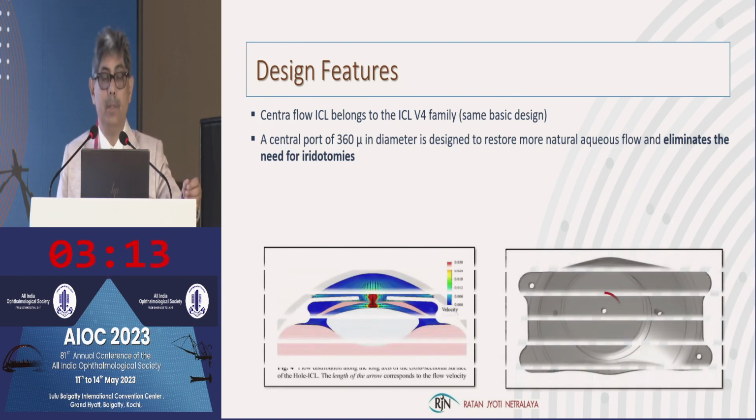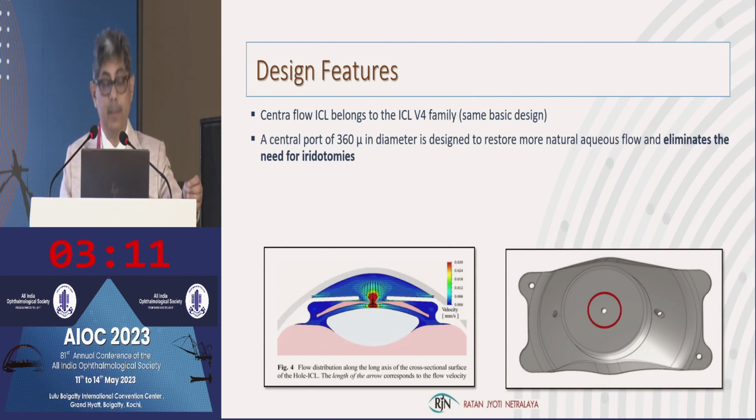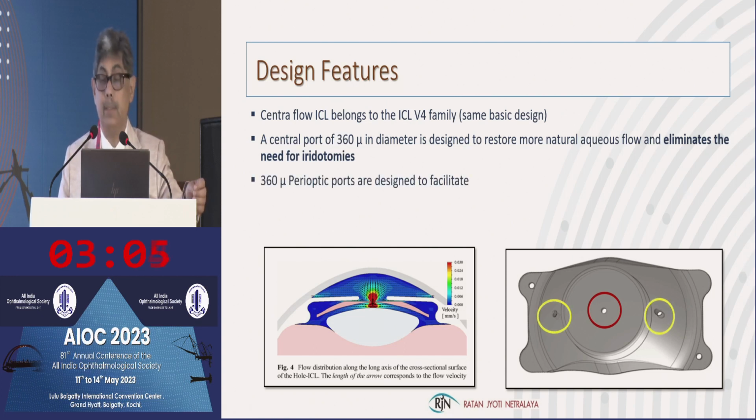But now, because of this 360 micron central opening and a tube opening on the side, which act for redundancy, it maintains the balance, equilibrates the aqueous fluid balance in front and behind the lens, and that's why the nutrition of our crystalline lens is not hampered, and the quality and clarity of the lens are preserved and the development of cataract is further reduced.